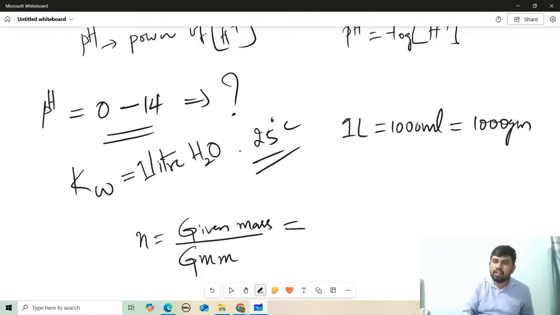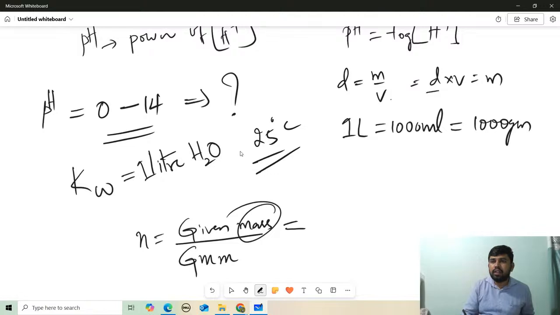Because density is equal to mass by volume. They gave it in terms of ml, the volume, and we need to convert it into mass. Mass is equal to density into volume. What is the density of water? It is 1. That's why 1 into 1000 ml is equal to 1000 grams.